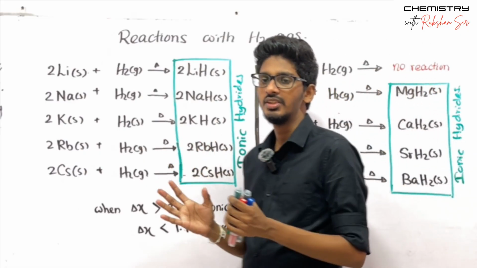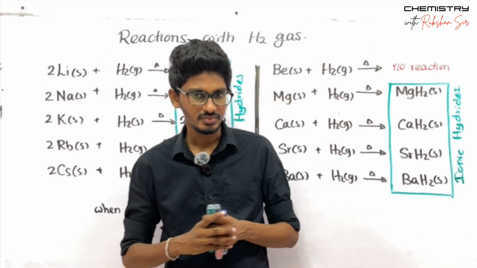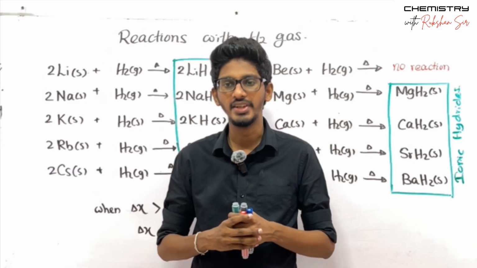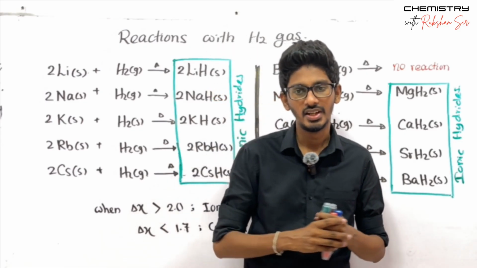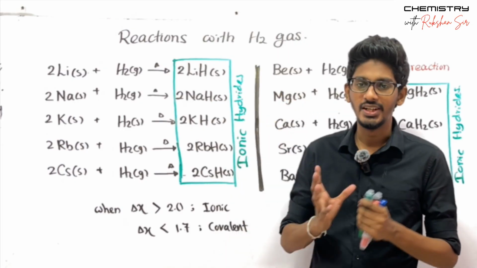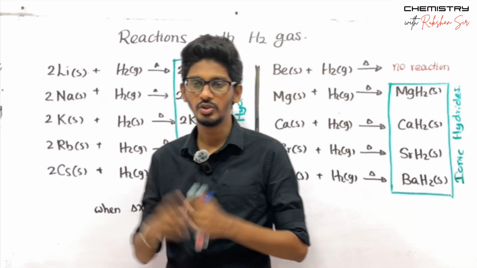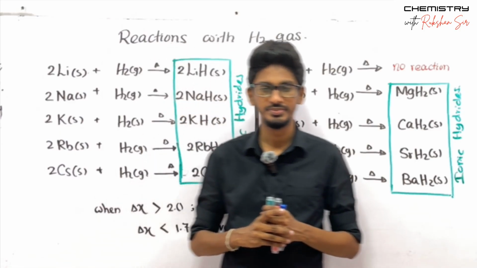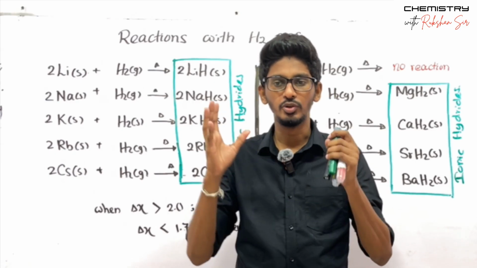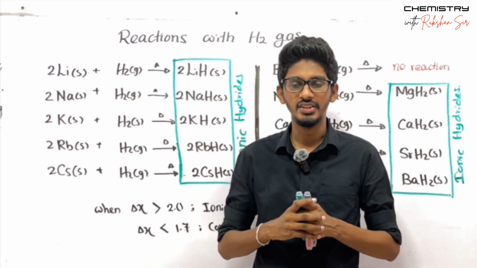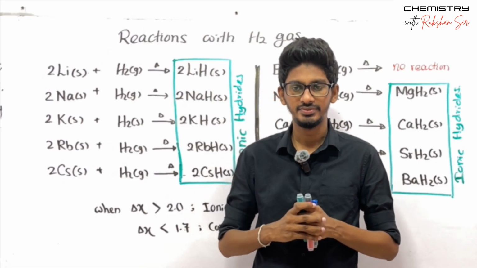If one needs to discuss the reasoning, why do these prefer to form ionic hydrides? The thing is, S block elements are very keen to release one or two electrons to achieve a noble gas configuration. Group 1 has one more excess electron than the noble gas.